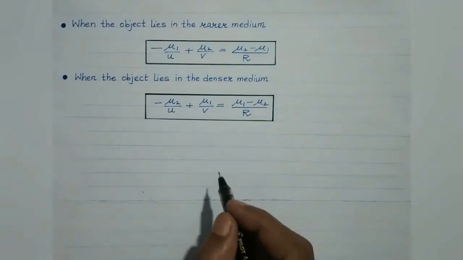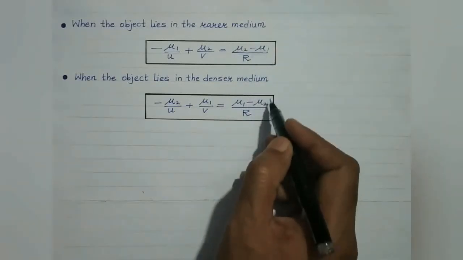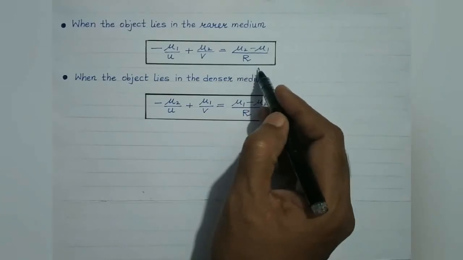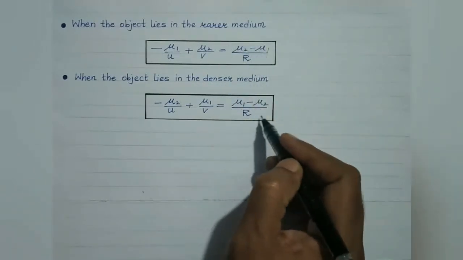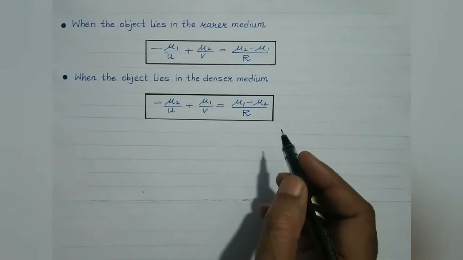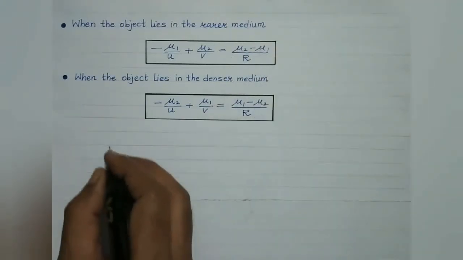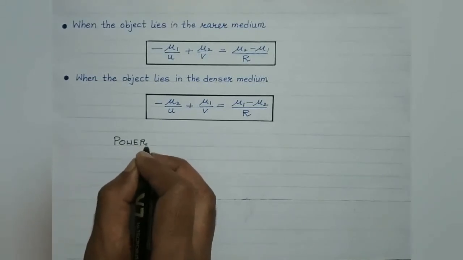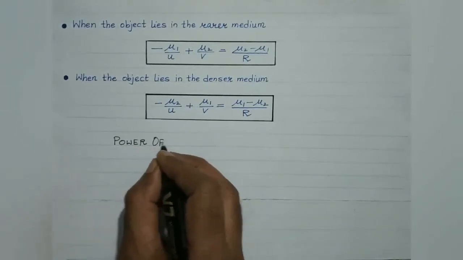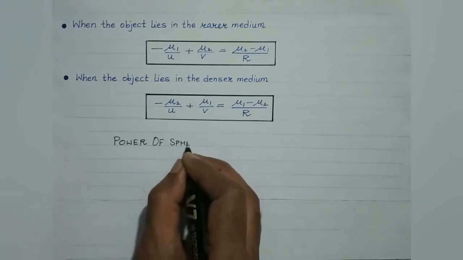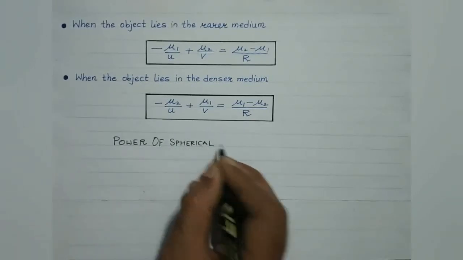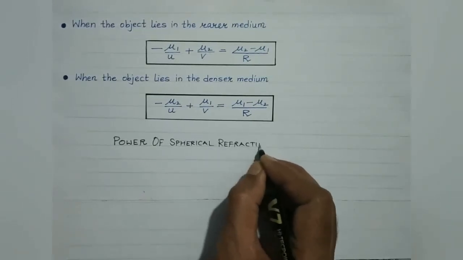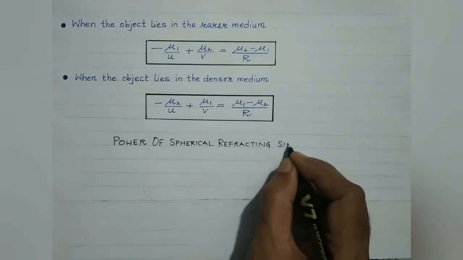Another important point, students, the term on the right hand side, that is the difference in the refractive indices of the two media divided by the radius of curvature, it actually gives the power of the spherical refracting surface, right? So this term gives the power of the spherical refracting surface.